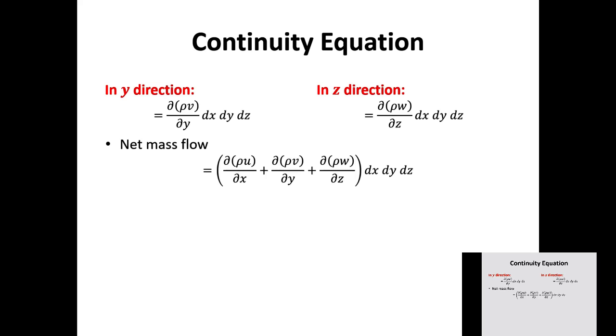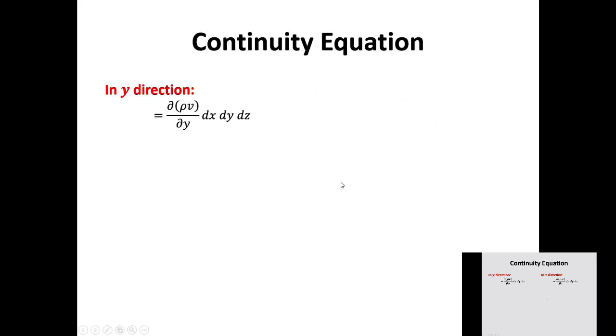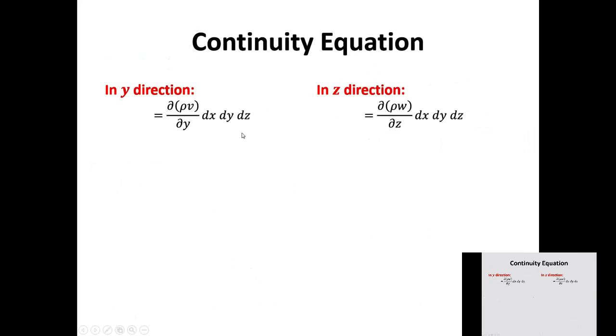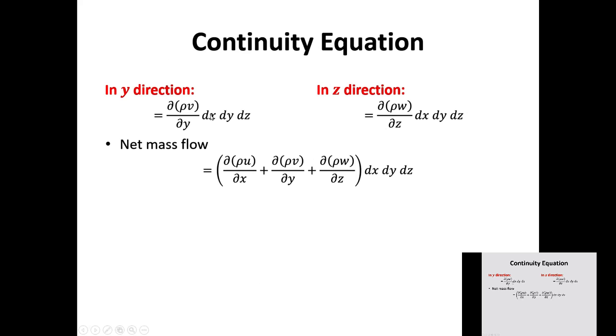Now, therefore, your net mass flow can be written by adding that to that and that. You can see that dx, dy, dz are common. Therefore, you can take these out and add them together.